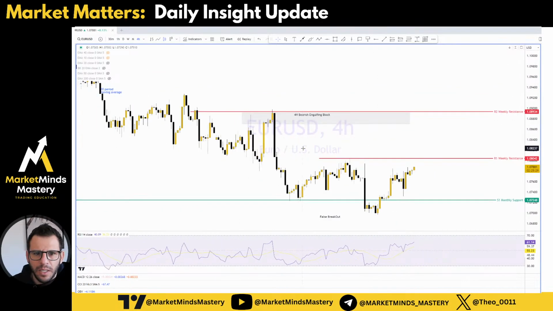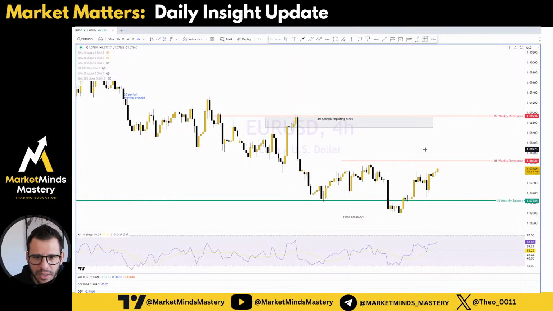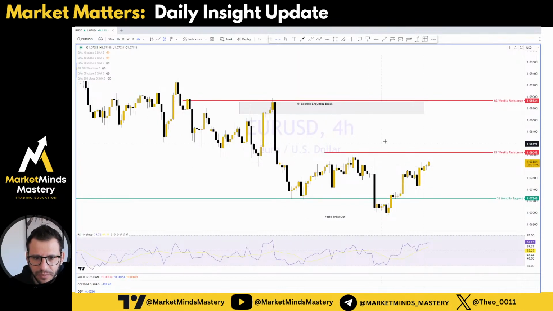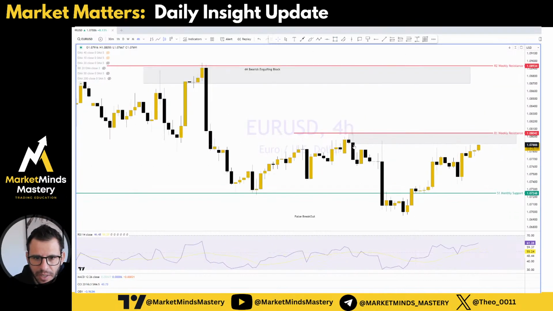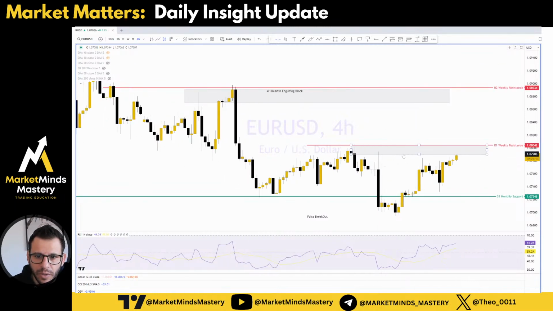Now, let's see the Euro US dollar. That's the 4-hour time frame. We had this area of resistance up here with this bearish engulfing. It's got filled. If you are trading smart money concept or block trading, I mainly trade bearish engulfings and the block bearish engulfing.